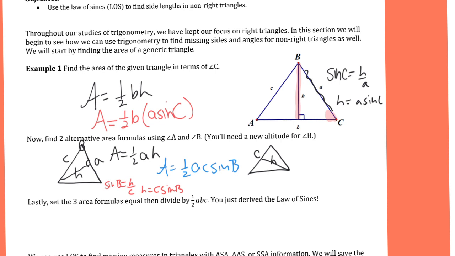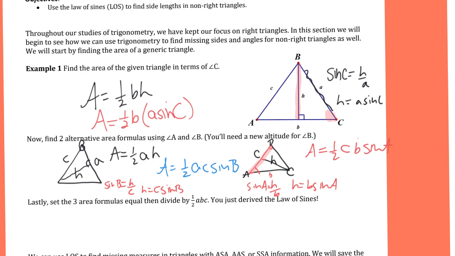And you say, okay, this is H, and this is still angle B and A and C. To find the area from this perspective, it's going to be 1/2 times C times H. And of course, H is going to become, we're going to stand over at A, so sine of A is going to be H over B. So H is equal to B sine of A. Then area is equal to 1/2 times C times H, and H is B sine of A.